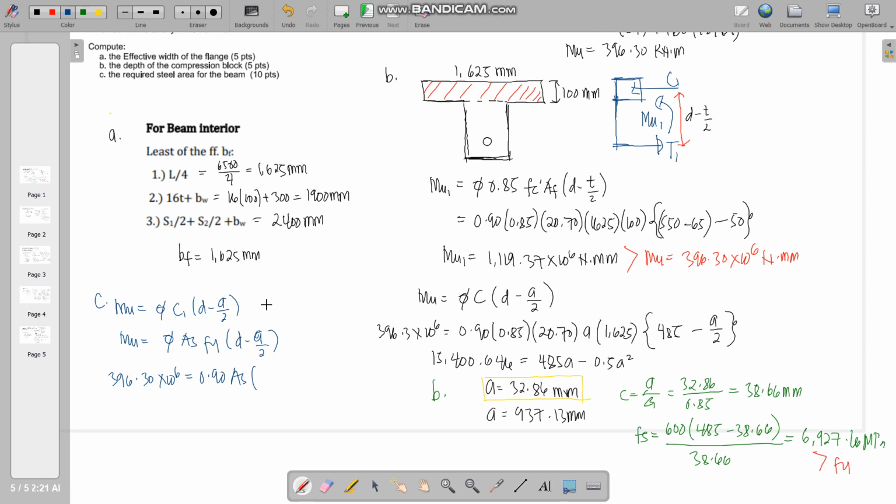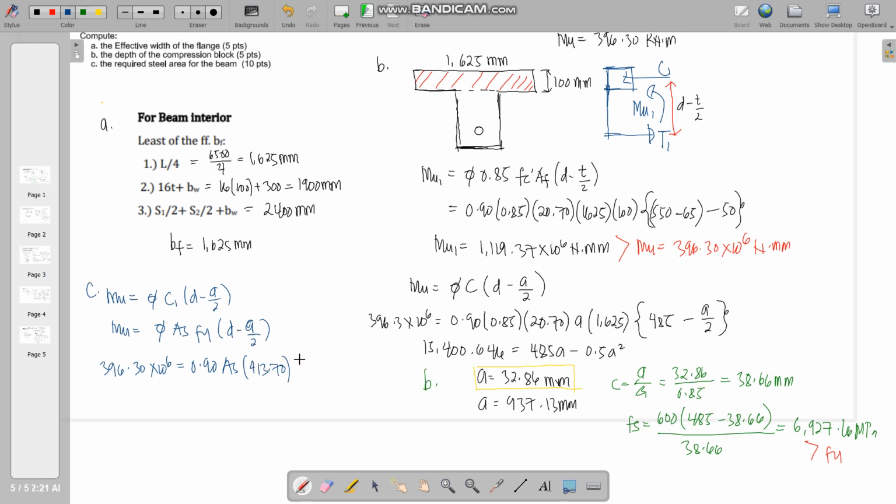Of course, fy is adopted, 413.7 as given, times d minus a over 2. So by manipulation, we can get As equal to 2271.55 square millimeters. So that concludes problem number 5.